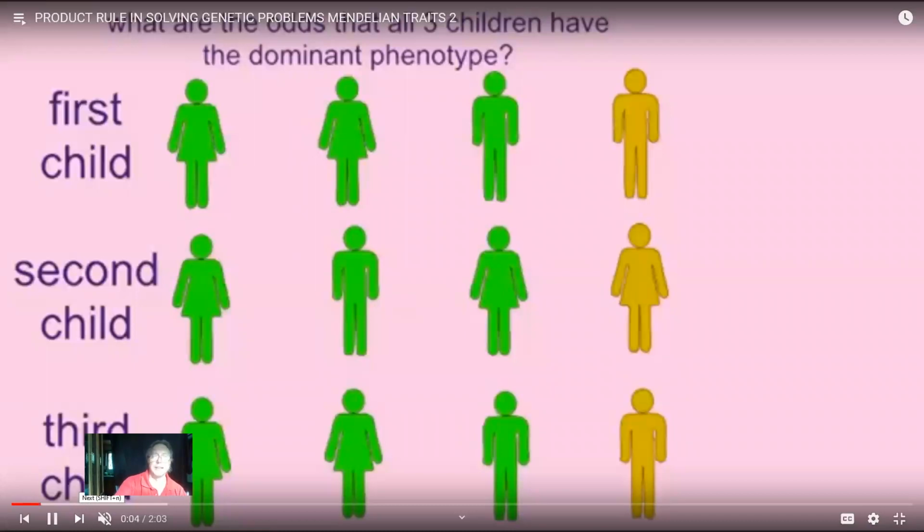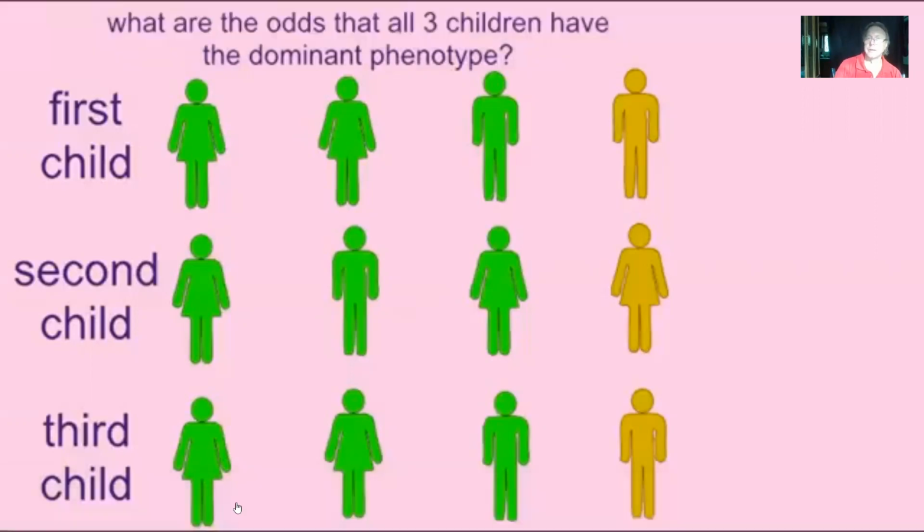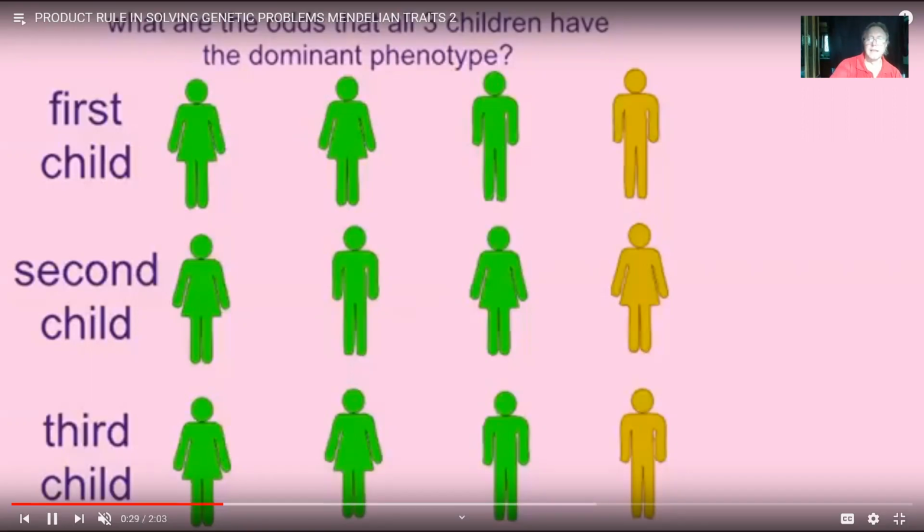So once again, in that same example, if the odds of having a dominant trait are 3 in 4, the odds of having a recessive trait are 1 in 4. What are the odds that the first child has, say, the dominant trait? Well, that would be 3/4. What are the odds that the second child has the dominant trait? That would be 3/4. The third child having the dominant trait, that would be 3/4. They are all independent events, and so therefore, we would multiply these probabilities together.